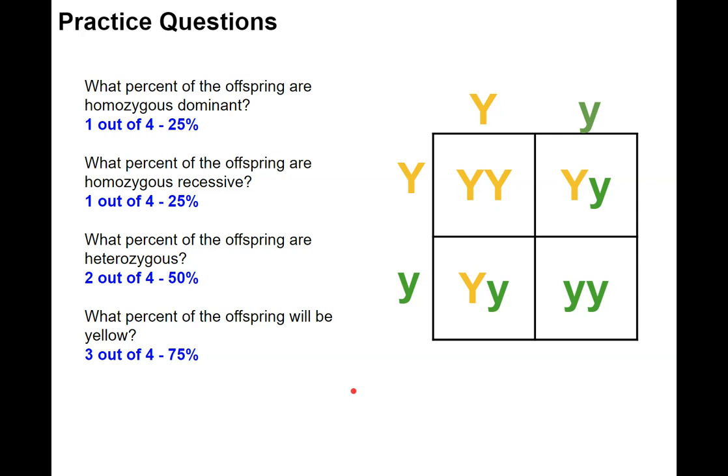So 75% of the offspring will be yellow, and that leaves just this guy, green, because little y is the only time you're going to have green. Okay, so 1 out of 4, 25%. That's enough for today, and I will see you next time.